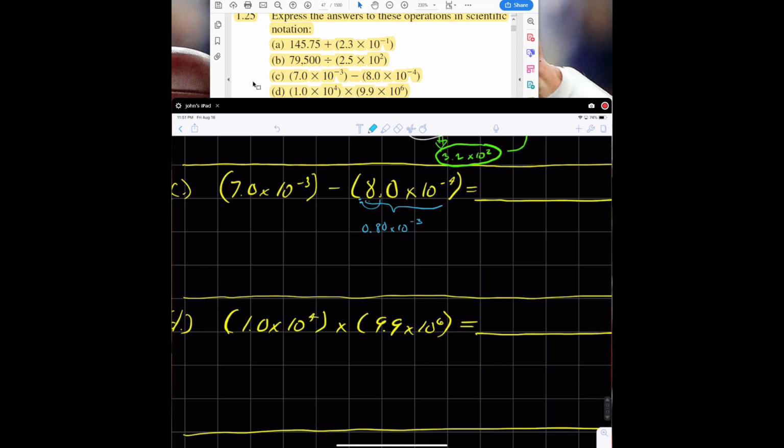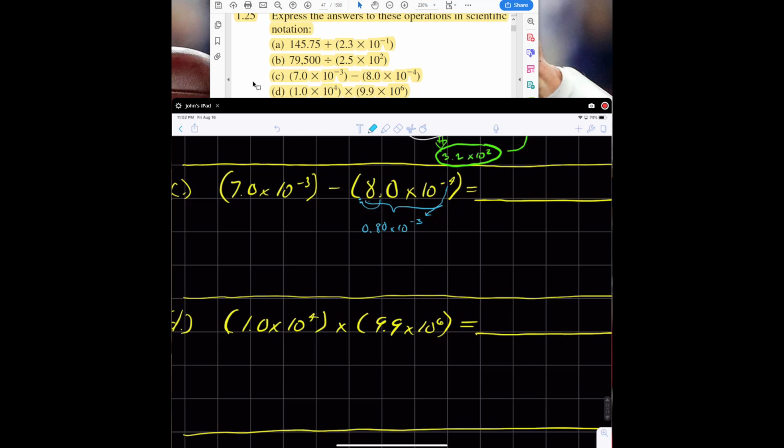And that in turn ended up making this from a negative 4 to a negative 3. Right? And we made the number smaller. So that's where that rule came in.